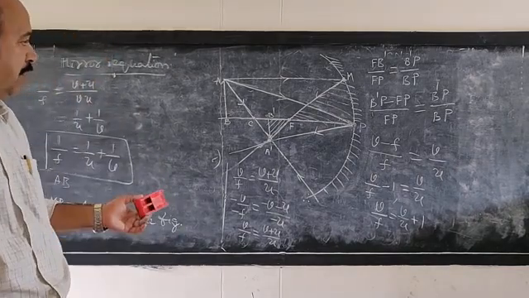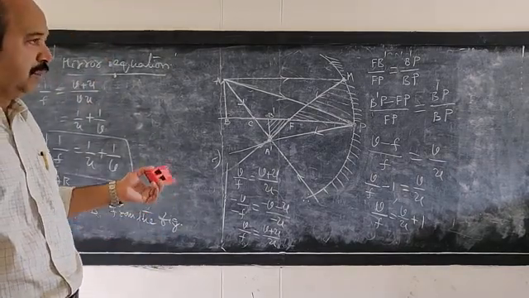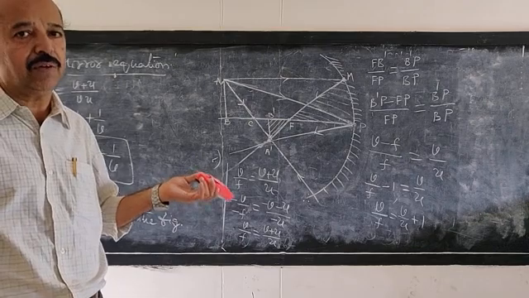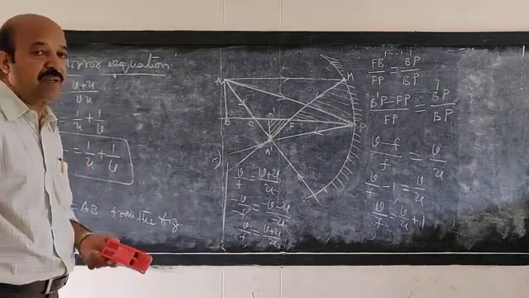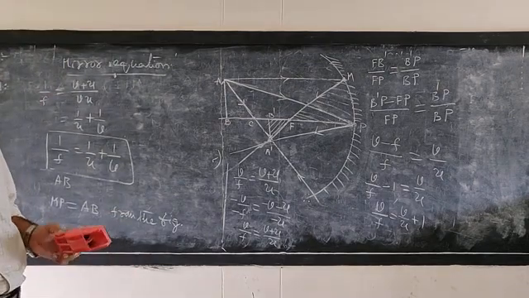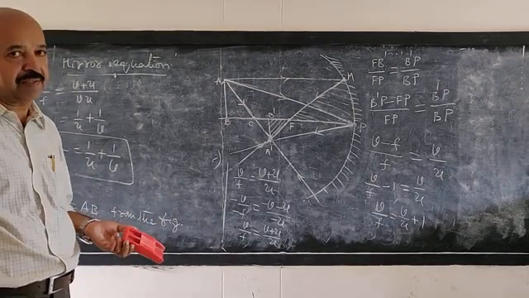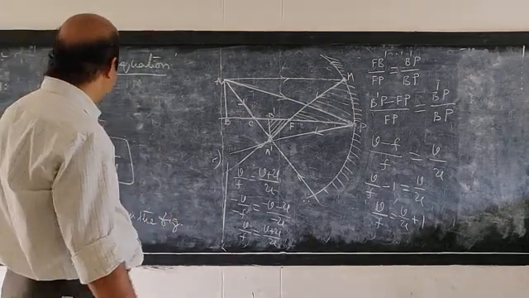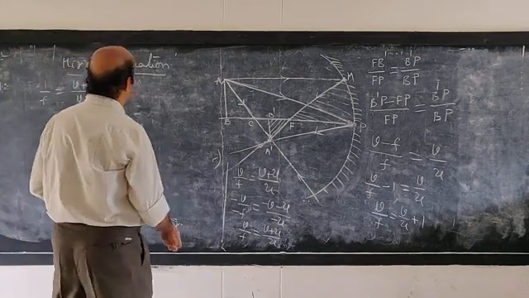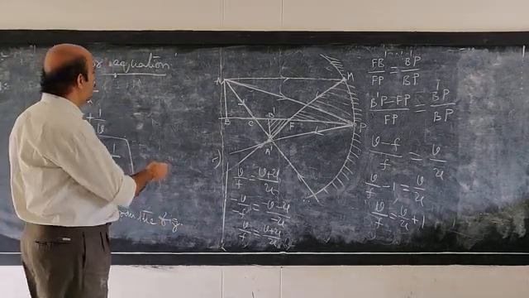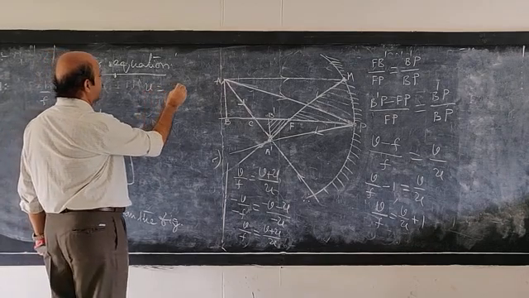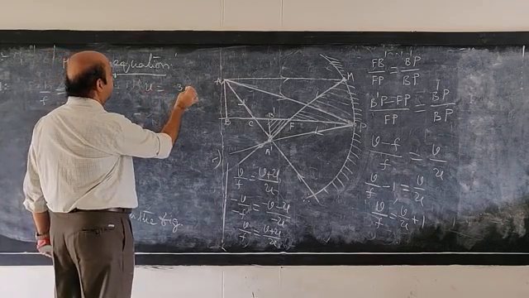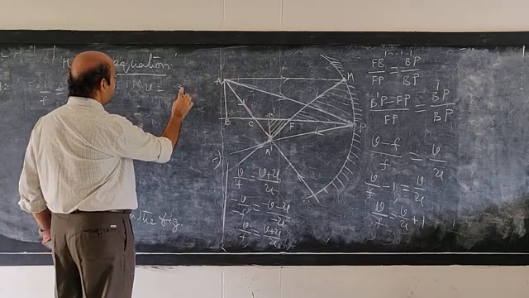This is an important derivation, and both these derivations, f is equal to r by 2 and 1 by f is equal to 1 by u plus 1 by v, are very important, and they may ask a 4 marks question on this. To understand this formula, let us take one simple example.